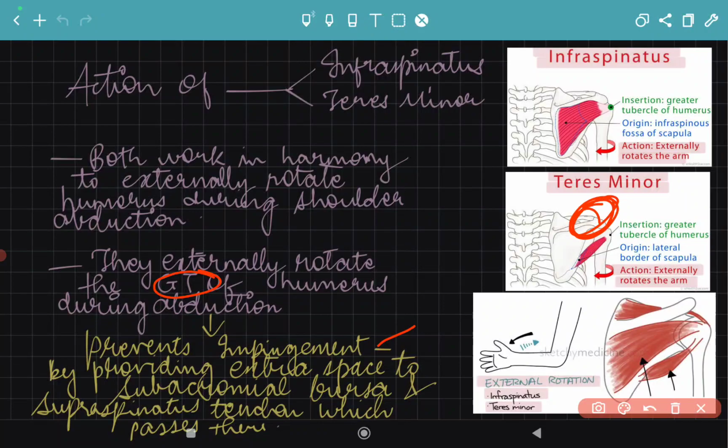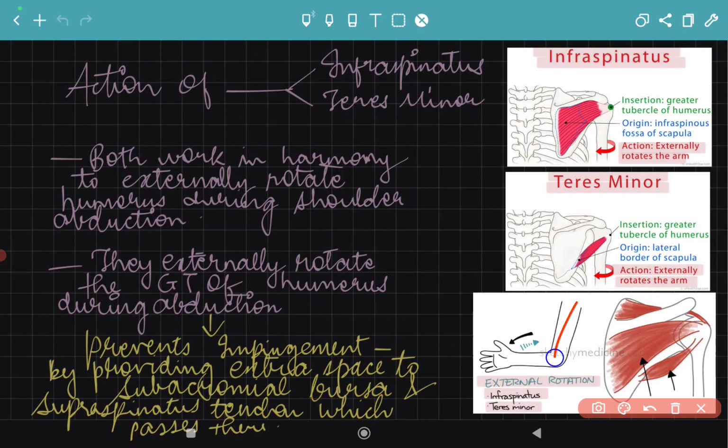If these structures are getting impinged, it will result into shoulder impingement syndrome, painful arc syndrome. We discuss it that way. So the role of those muscles to externally rotate the shoulder is to prevent this impingement of subacromial bursa as well as supraspinatus tendon, which pass through that space below the acromion process.